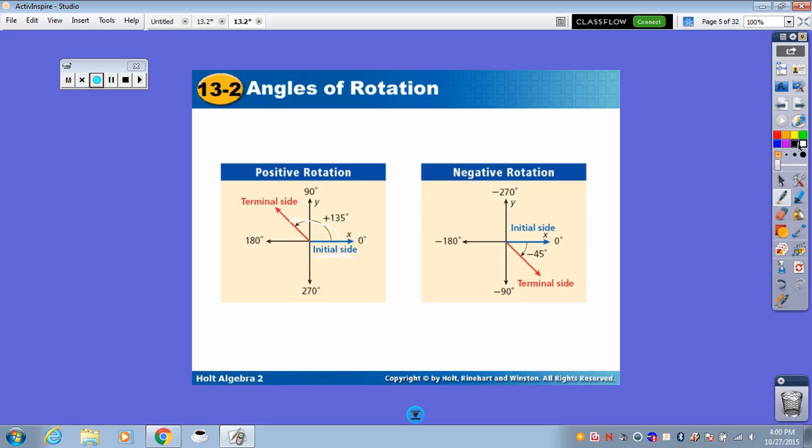In the same way, when we set up our initial side along the positive x-axis, so we put it in standard position, and we rotate in a clockwise direction to our terminal side, we are moving in a negative direction as far as rotation is concerned.